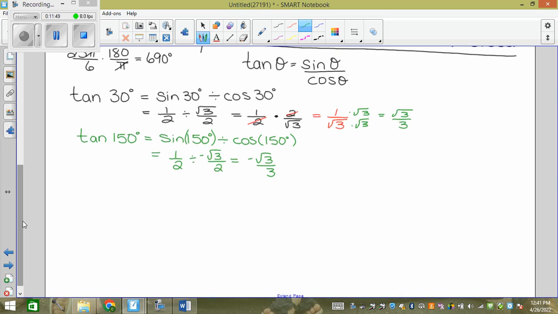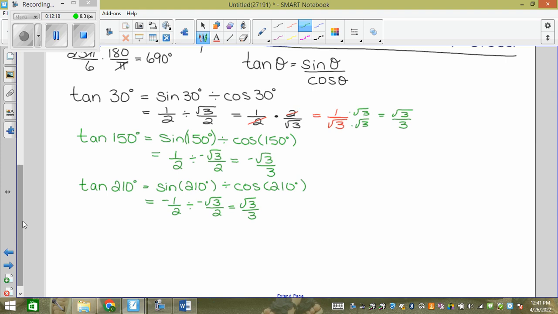Let's look here. Tan of 210. It's going to be sine of 210 divided by cos of 210. At 210, both sine and cos are negative. So I get negative 1/2 divided by negative root 3 over 2. So what's my answer going to be? Positive root 3 over 3, because they're both negatives, right?